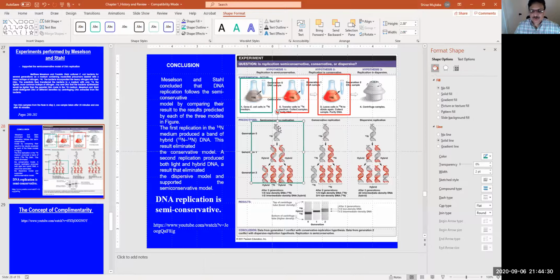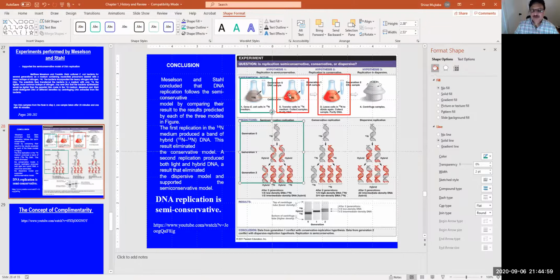This is the parent DNA that is grown on N15, and in the first generation, the DNA will be a hybrid of N15 and N14. Let's call the starting point generation 0, because the cells are growing in N15, so all the bacterial DNA will be N15.